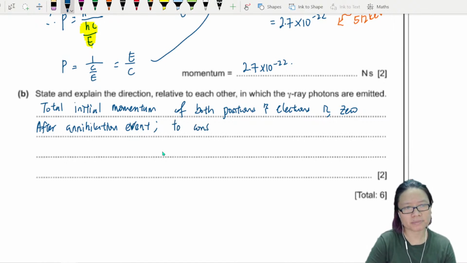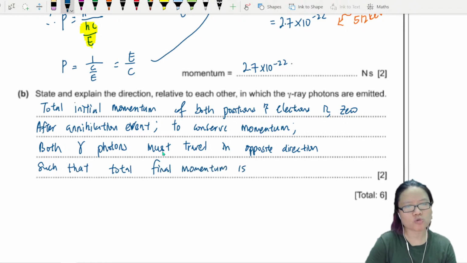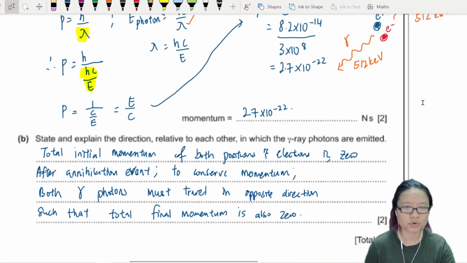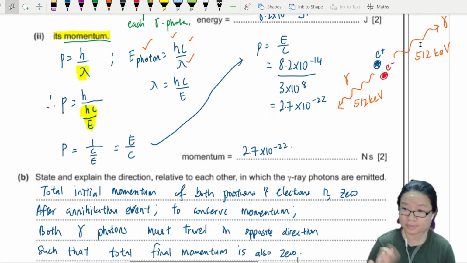To conserve momentum, both gamma photons must travel in the opposite direction, such that the total final momentum is also 0. So the point here is we need them to fly in the opposite direction, like this. If not, the momentum is not conserved.